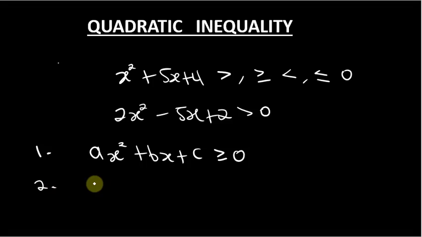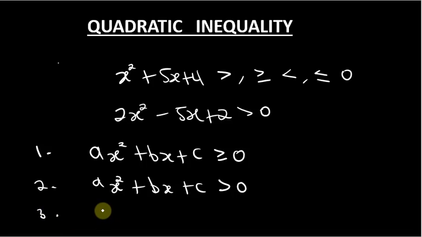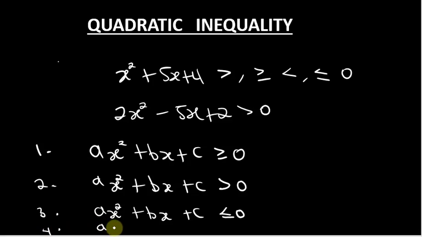The second type will be ax squared plus bx plus c is greater than 0. The third form will be ax squared plus bx plus c less than or equal to 0. And then the last type is ax squared plus bx plus c is less than 0.